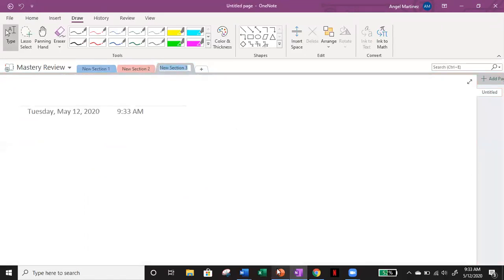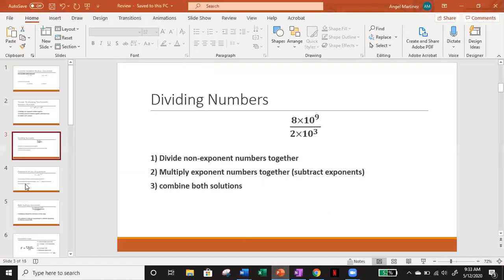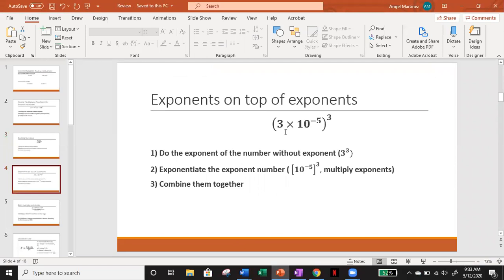Now let's do putting exponents on top of exponents. So we have 3 times 10 to the negative 5, all to the power of 3. So we're going to do each of these individually like last time. Basically, you have to exponentiate the 3, the whole number, and exponentiate the exponents. And there's different ways to do them.